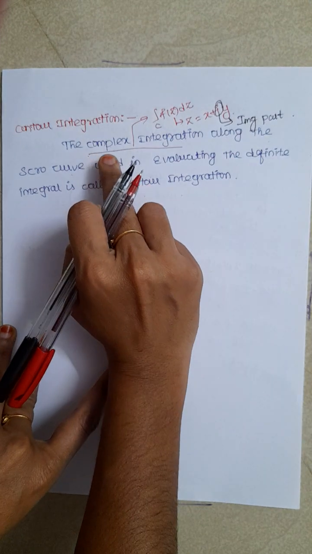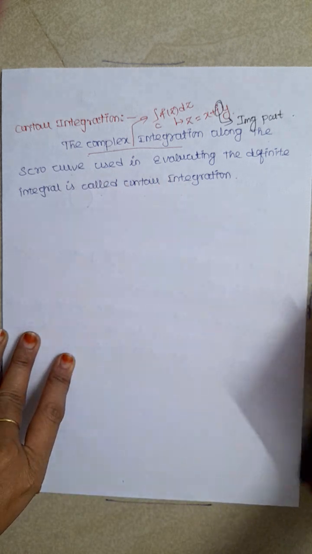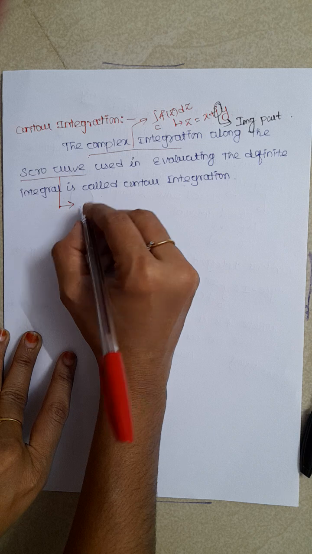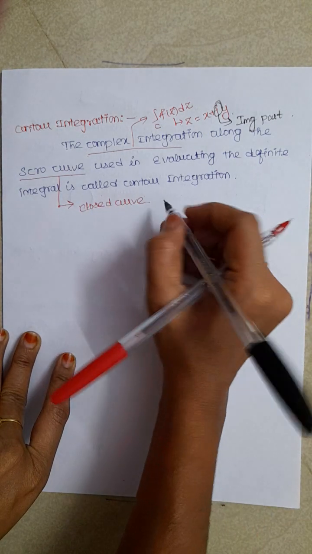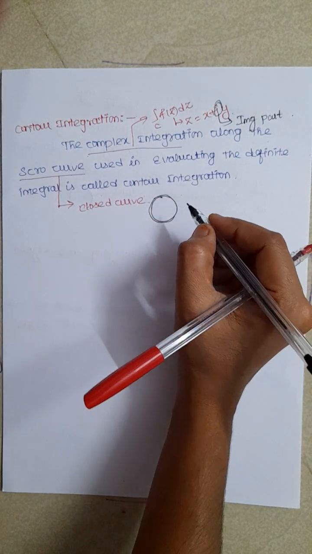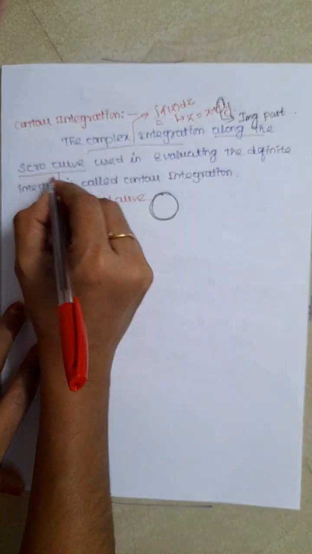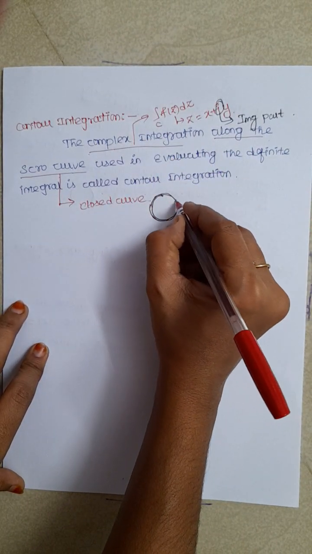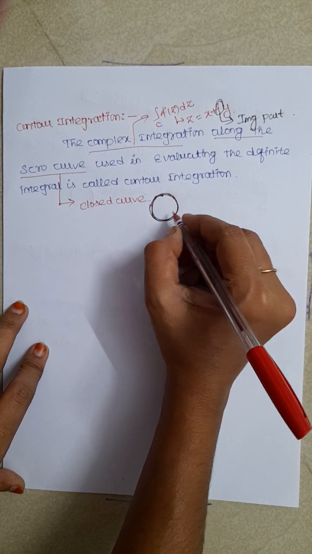The complex integration along the closed curve means the complete closed curve, and the closed curve means 0 to 2 pi.